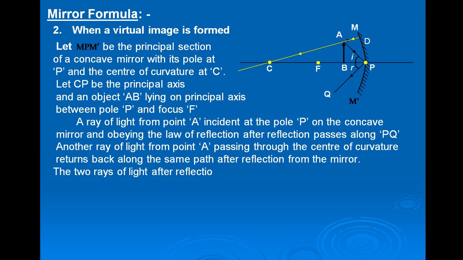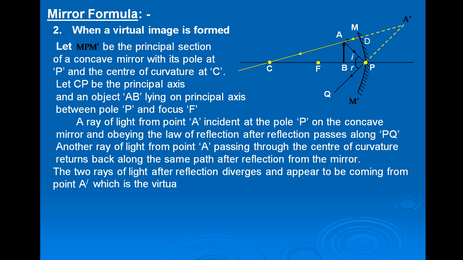The two rays of light after reflection diverge and appear to be coming from point A dash, which is the virtual image of point A.